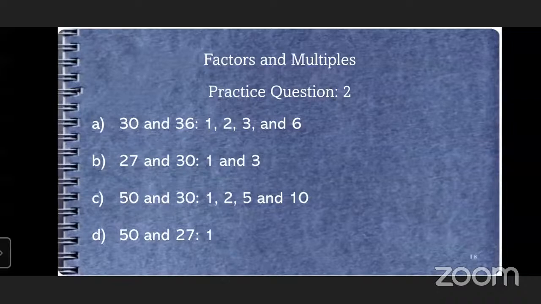So the common factors of 50 and 30 are 1, 2, 5 and 10. 50 and 27, there is no number, so only 1 will be there.